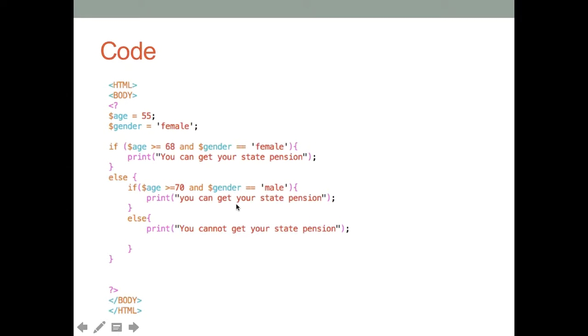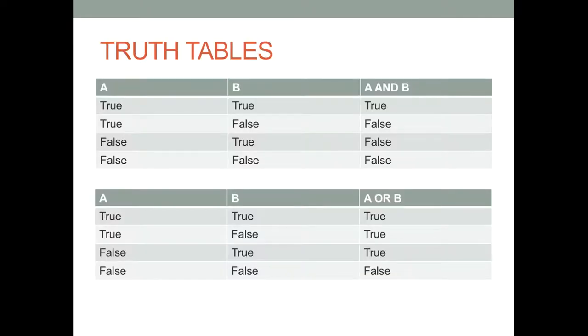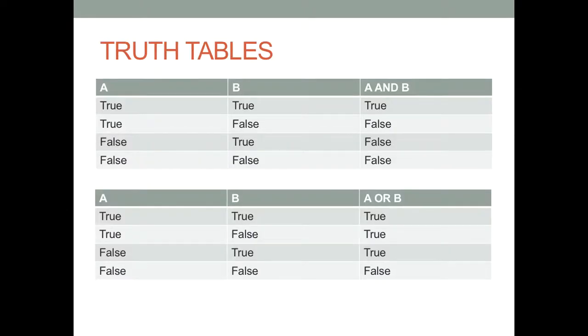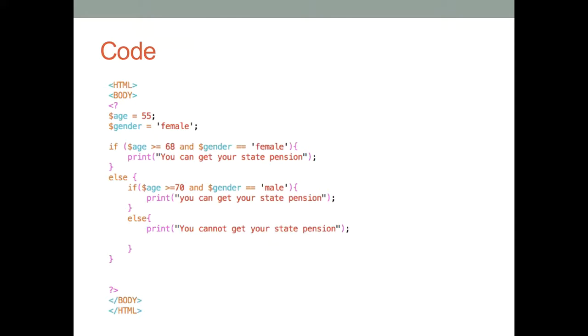So we can combine that in different ways, and there are rules about how we combine those, which are represented by these truth tables. A is the first half of the statement. In this case, A would be age is greater than or equal to 68. And B is the second half of the statement, so the one after the and.